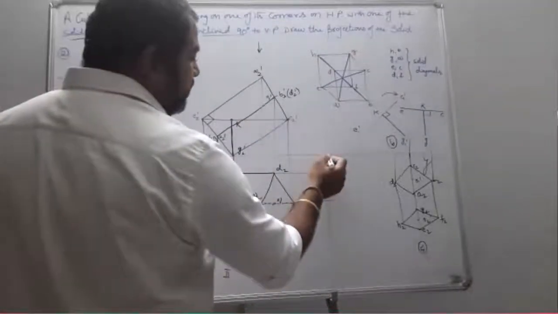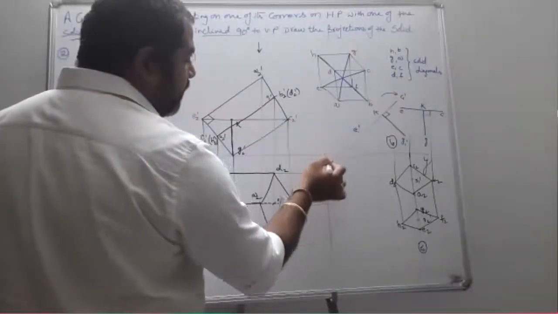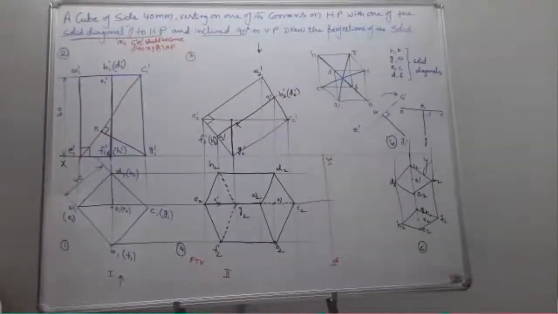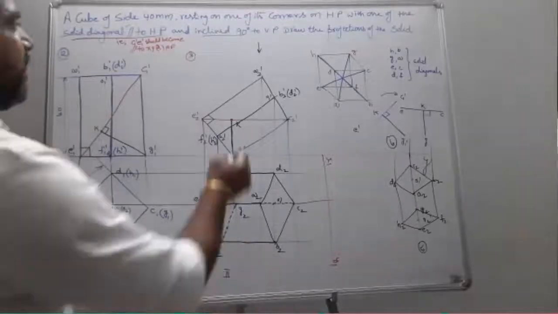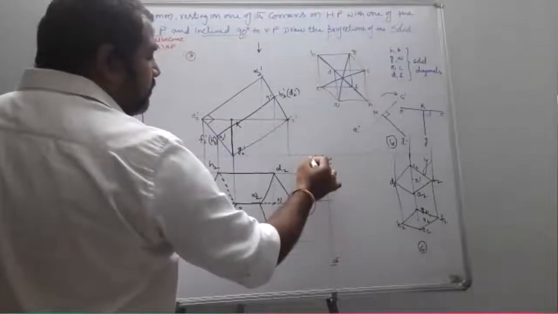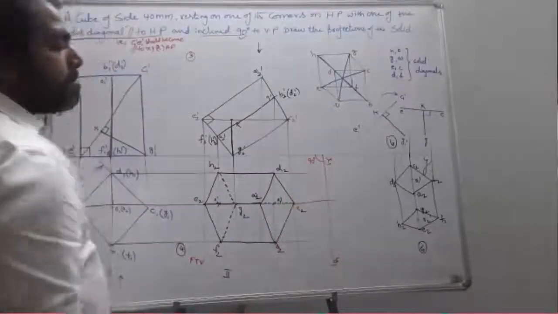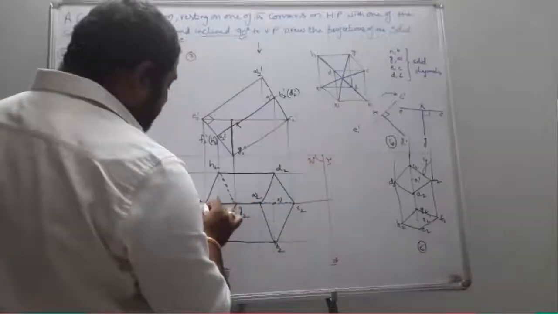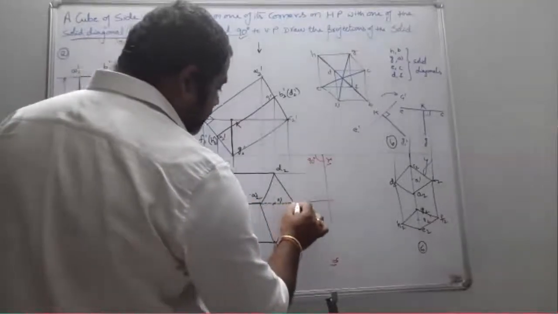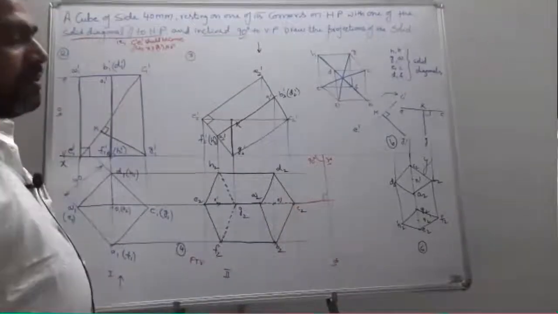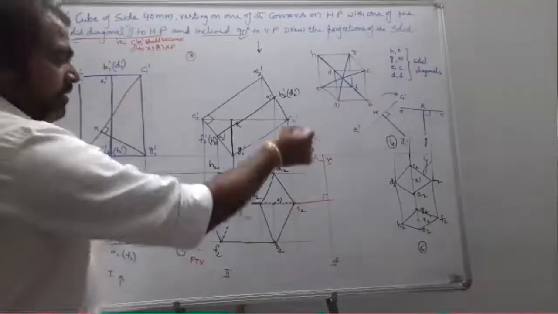this becomes my new reference line x1, y1. Why? Because the inclination given is 90 degrees. I just extend my solid diagonal EC to some extent, and I just draw the perpendicular line.